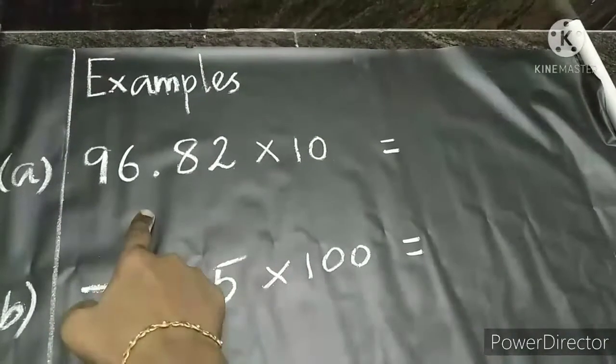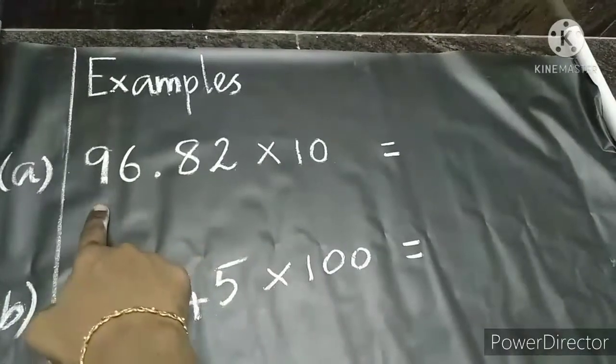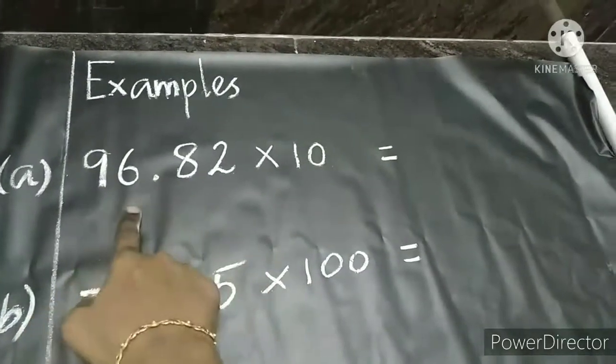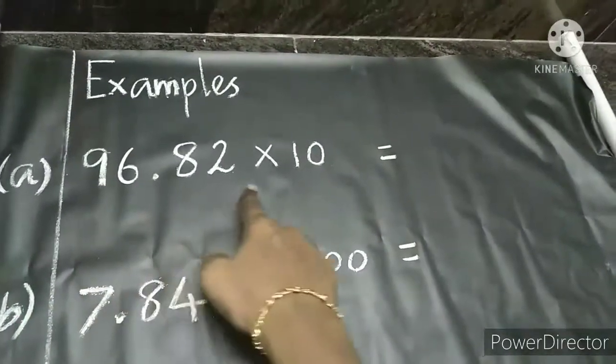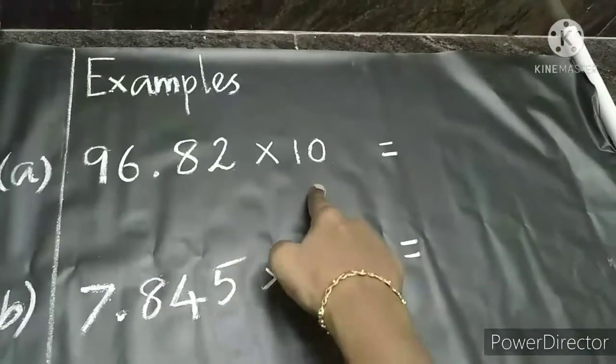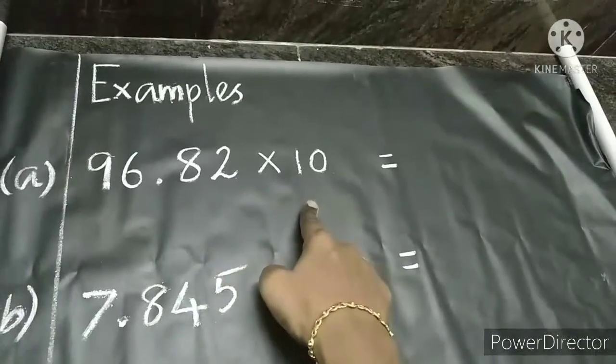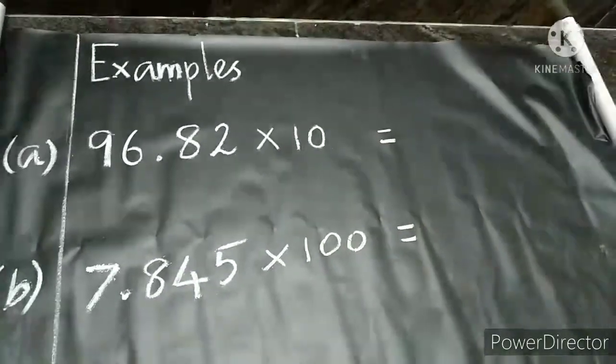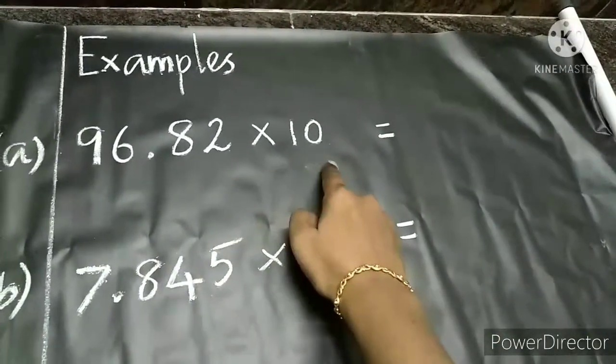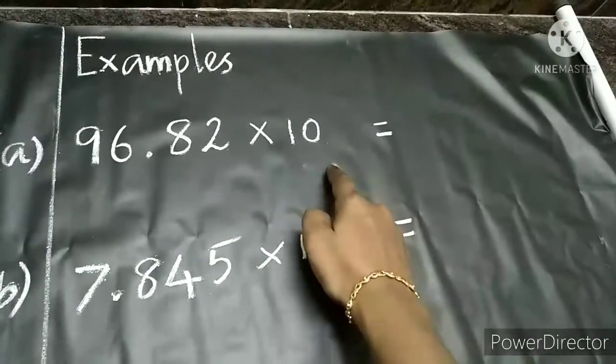Look at the first problem. Let's read the first problem. 96.82 into 10. So we have to multiply this decimal number by 10. Here 10 has only one zero.